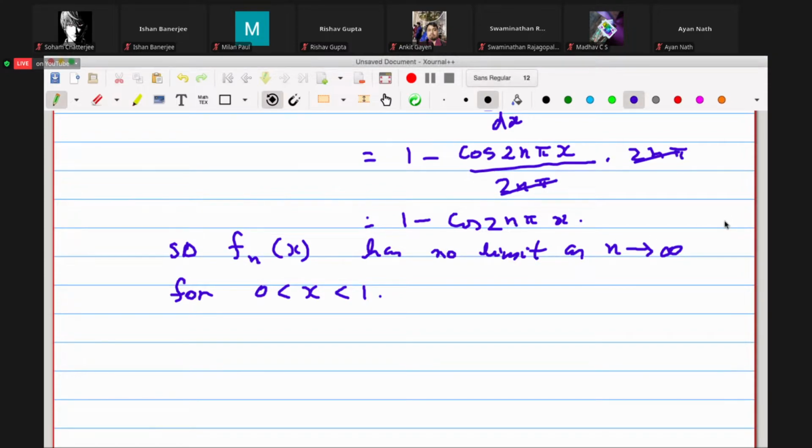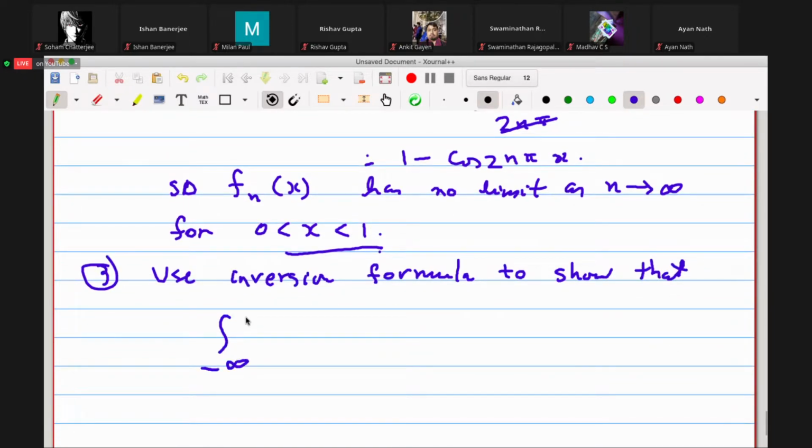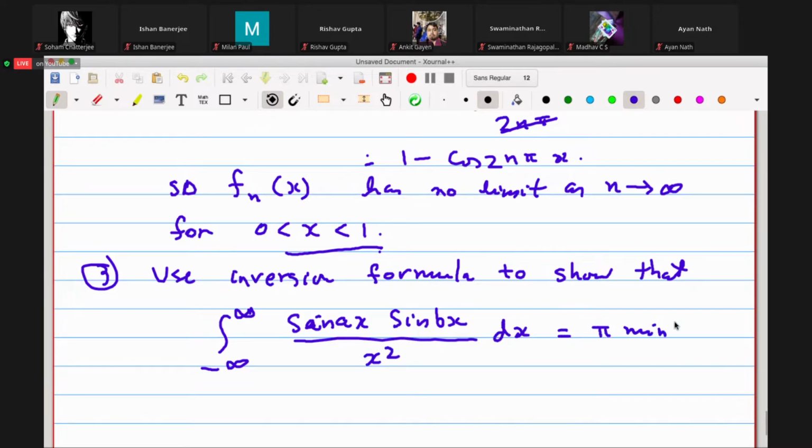Number 3: use the inversion formula to show that the integral from minus infinity to infinity of sin ax sin bx divided by x squared dx is equal to pi times the minimum of a and b.